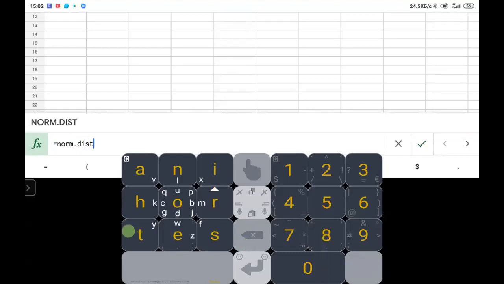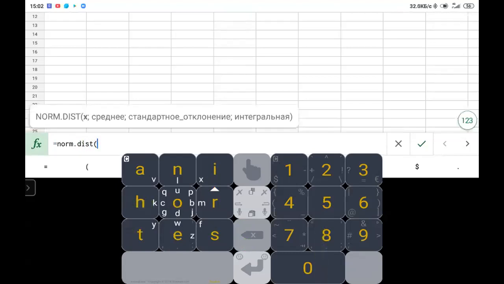Just a normal distribution with, so I want to calculate it for minus 4.24. And Z is a normal distribution with a mean value of 0 and standard deviation of 1.